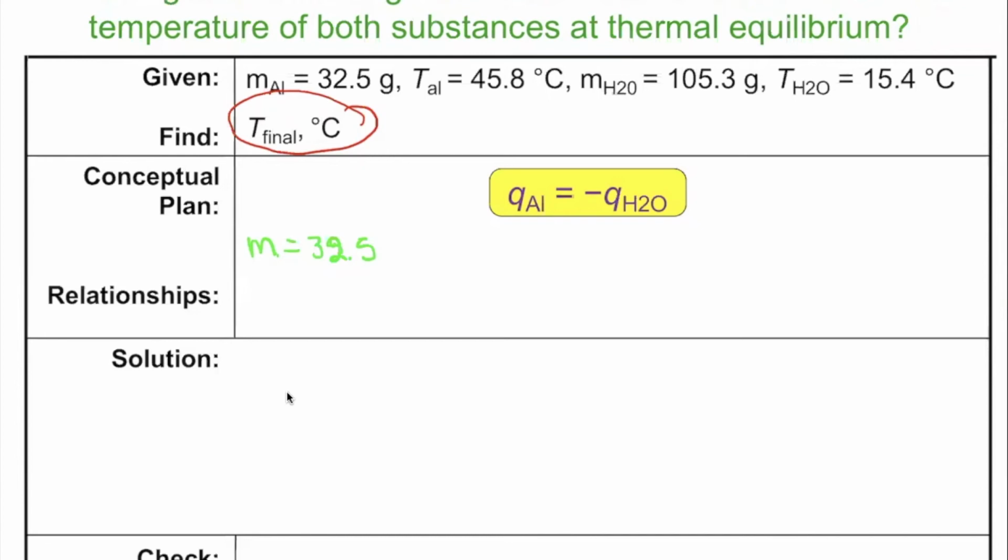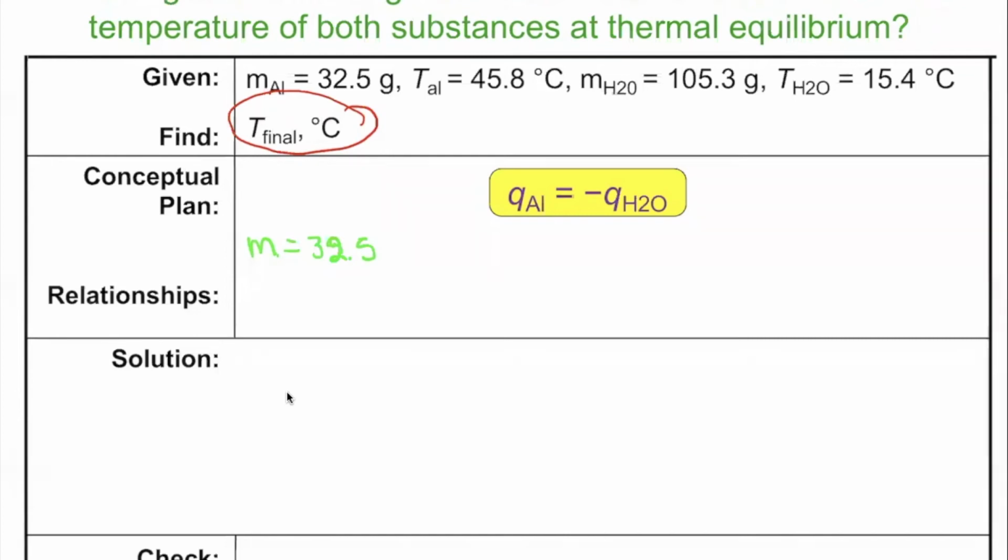And you have T final, which is what you're looking for, minus your T initial, which is 45.8, and then equals your water, which is going to be 105.3 grams. The specific heat is 4.18, times T final, which is what we're looking for, minus T initial, which is 15.4.